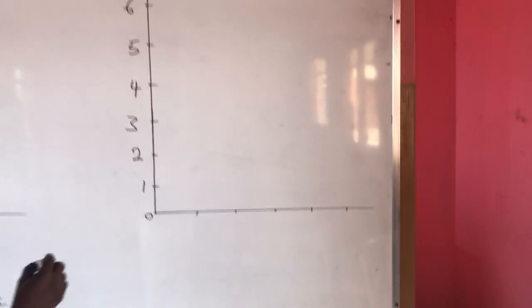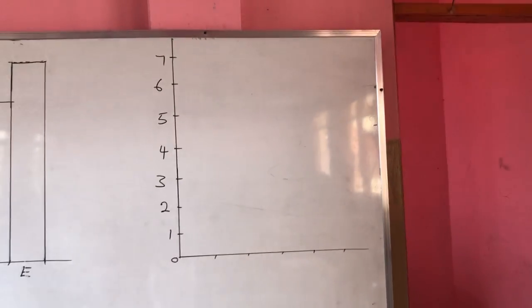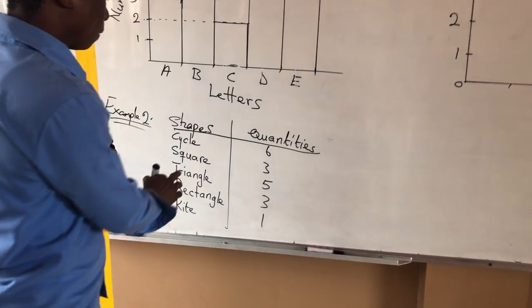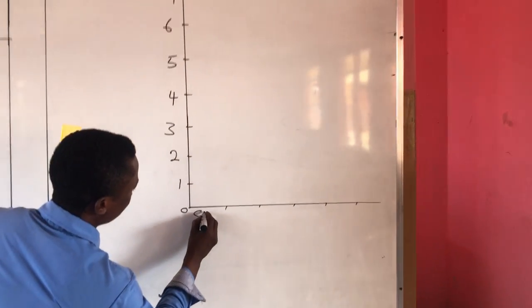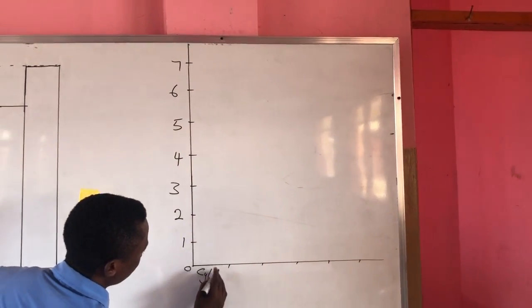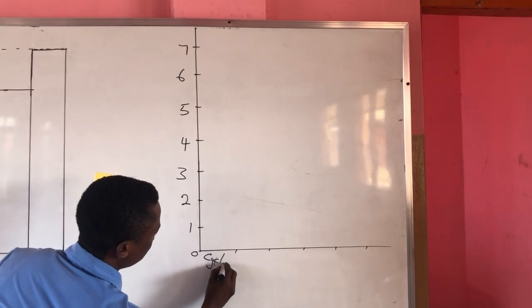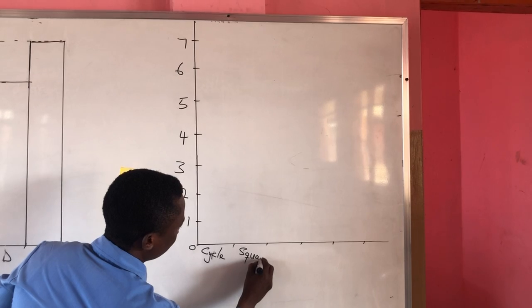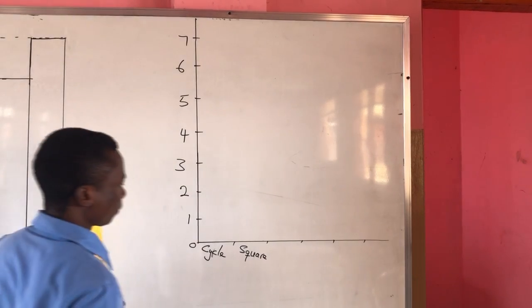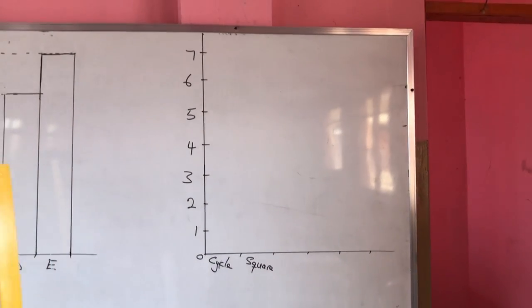All right. When you finish, make sure you write the name. The first one is circle. The second one is square. So let's write them. Circle. Square. The other one is triangle.